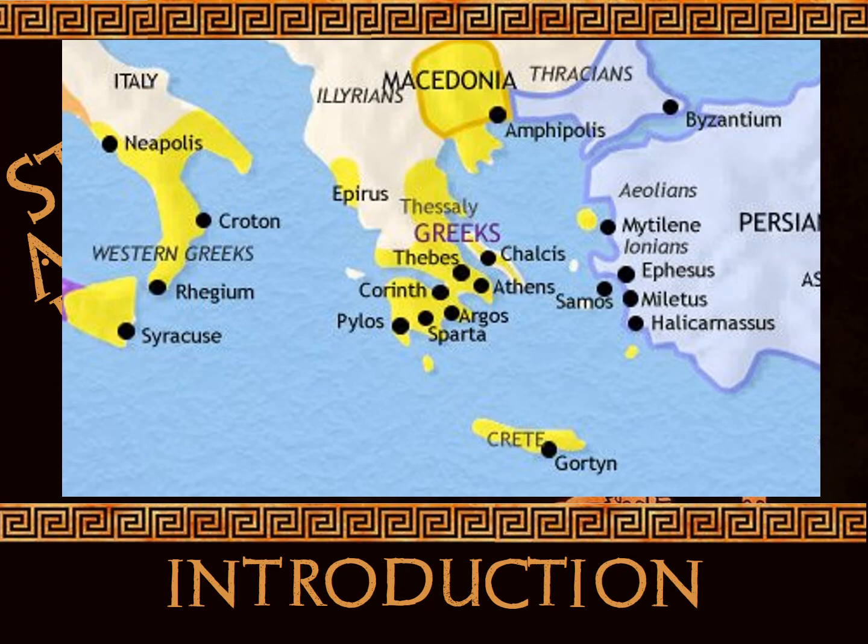So if you look at the map on the screen, obviously in the middle we've got what is geographically Greece. This is obviously the main focus of where we're going to look. This is where you will find the majority of the Greeks.